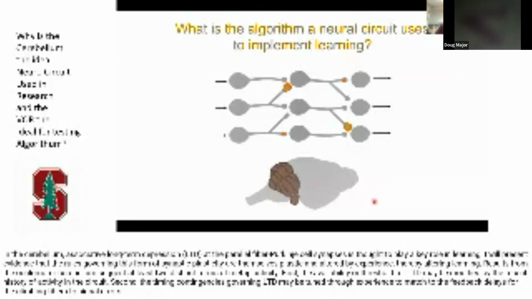So I'm a big fan of that work, but that's not what we do in my lab to get at this question. We've chosen some of the very simplest forms of learning that are implemented by the cerebellum.